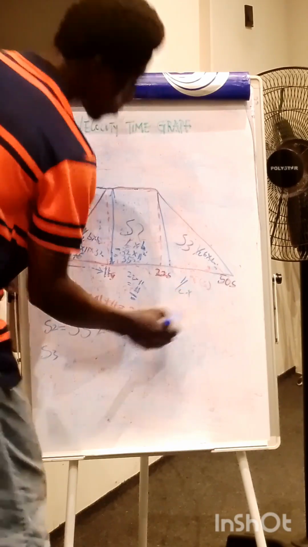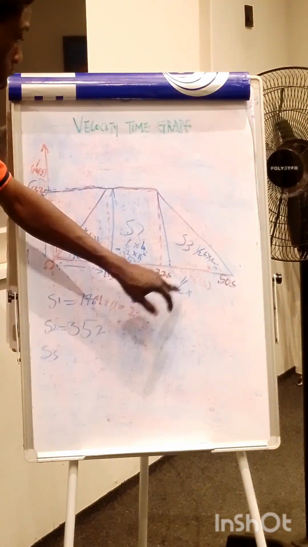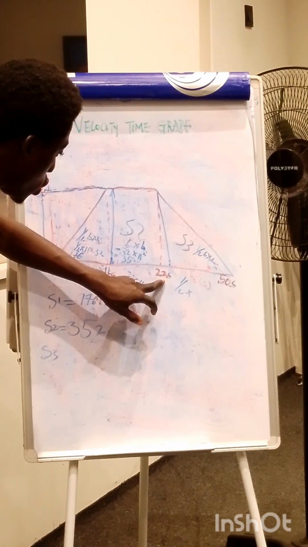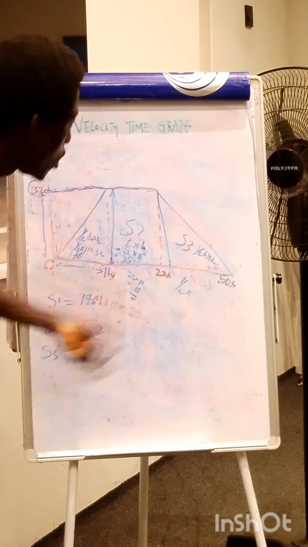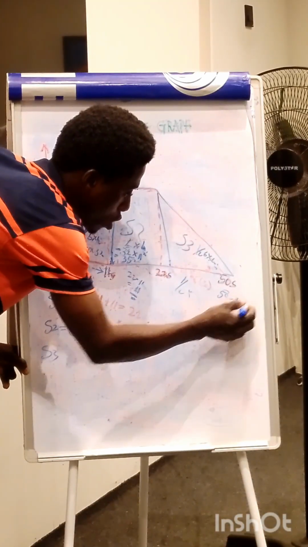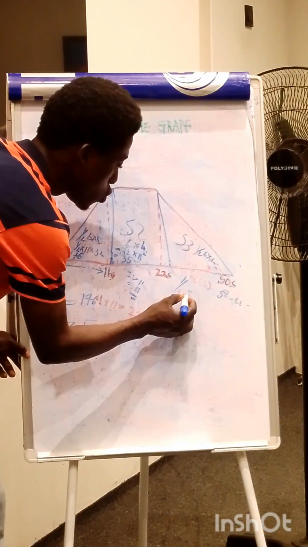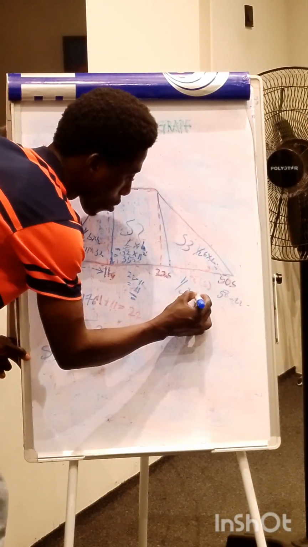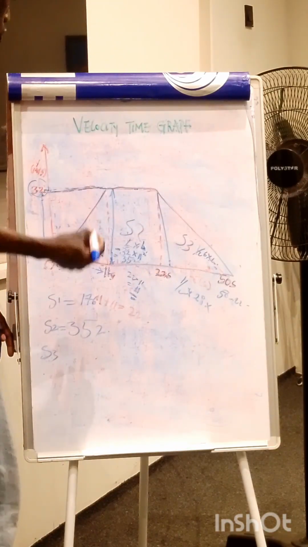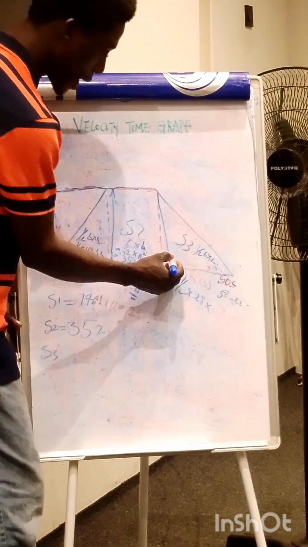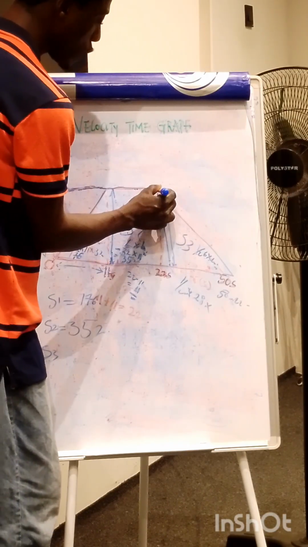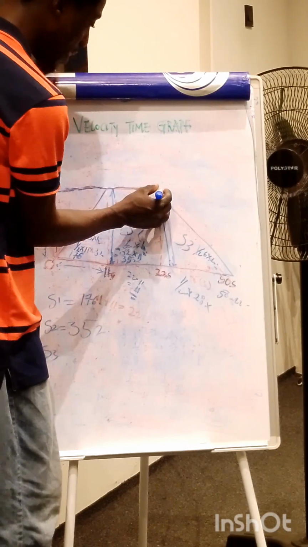Your base here is ranging from the bottom, from 22 to 50 sharp. So your 50 minus 22 in this house gives you your base, which should be 28. Then what's your height? Your height is how high something is. Look at this, this is where the height ends.